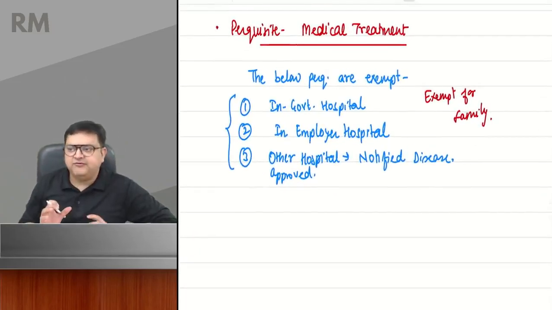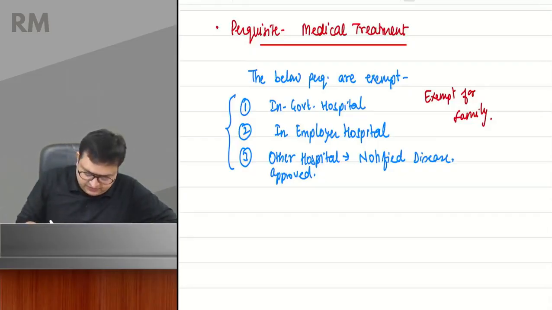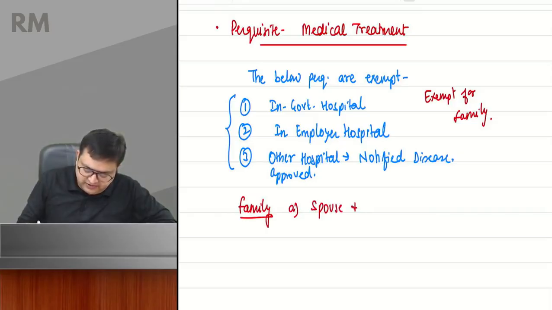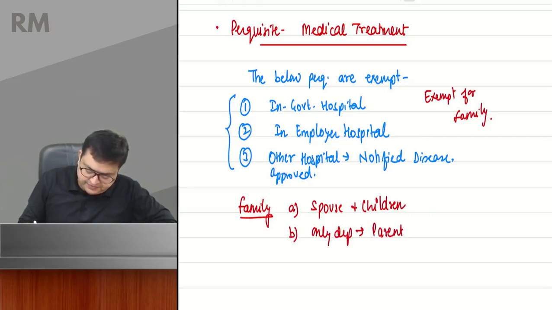And what does the term family mean? Guys, whenever you are confused about who comes in family, please use this. As per the definition of family under the Income Tax Act, the family includes spouse and children, and only dependent parents, brother and sister.